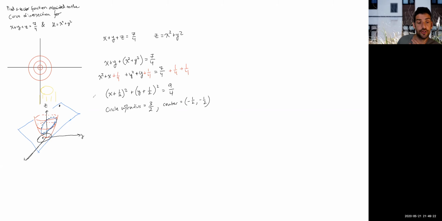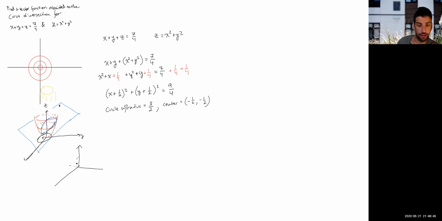In other words, another way to think about it is this cylinder, this equation here represents a cylinder, right? This drawing might get a little bit messy. Let's just do it again. I've now got this cylinder. So here's -1/2, which would actually be back behind there somewhere, and there's a circle, right?